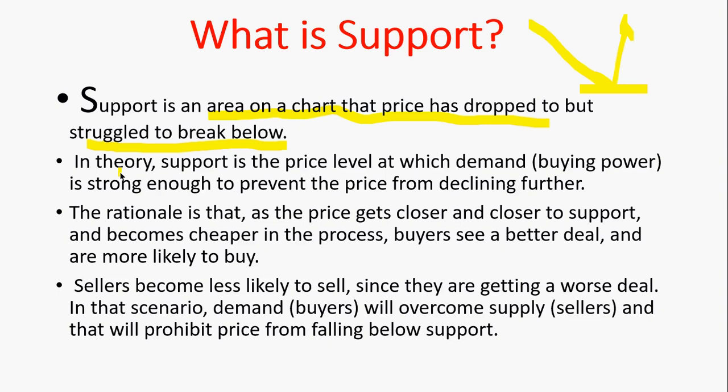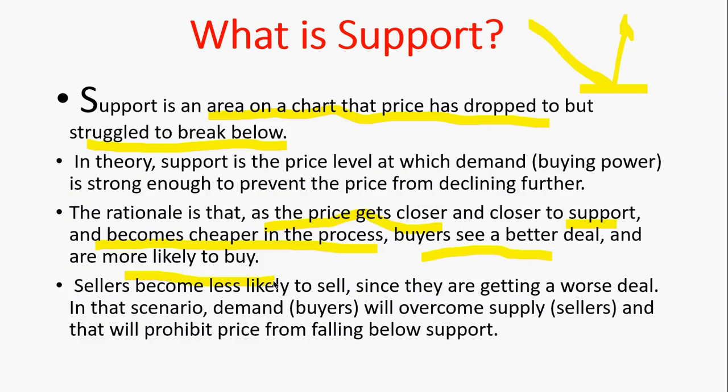I'm now explaining the reason. It is because when the price is getting closer and closer to the support, the price becomes cheaper in the process. Hence, buyers see a better deal and they are more likely to buy.